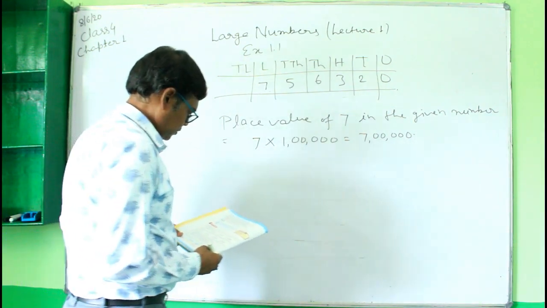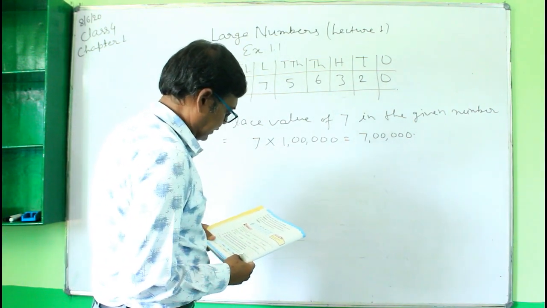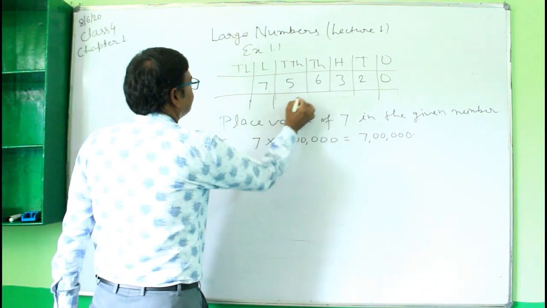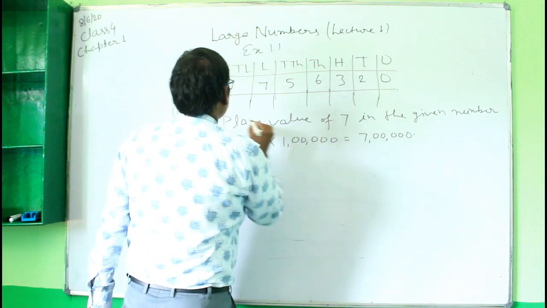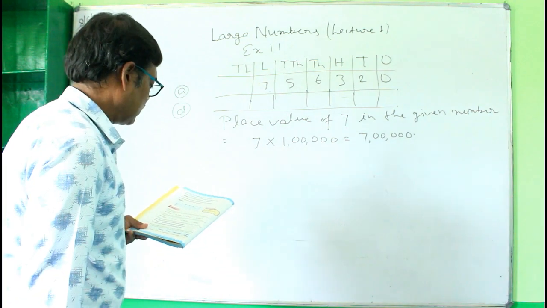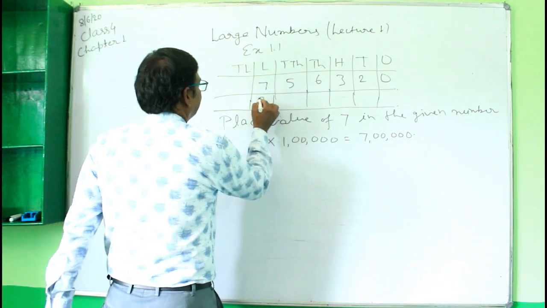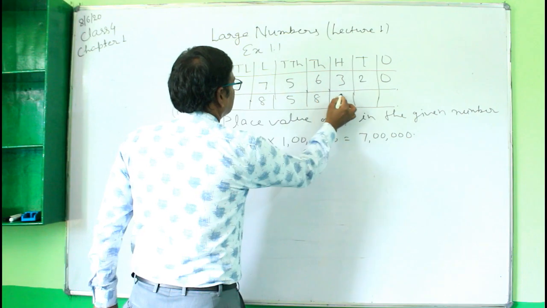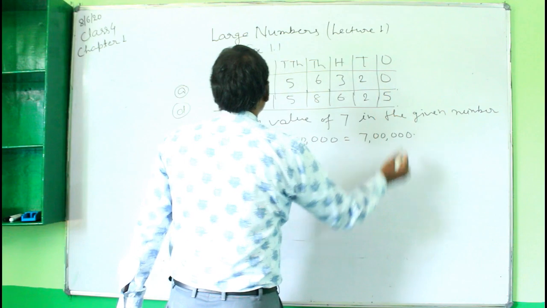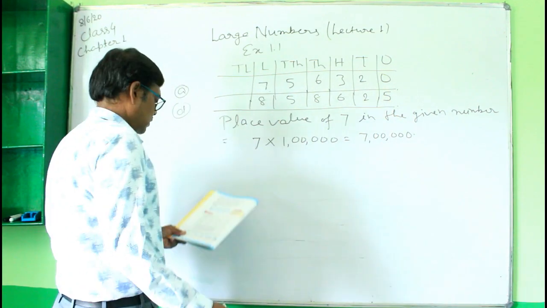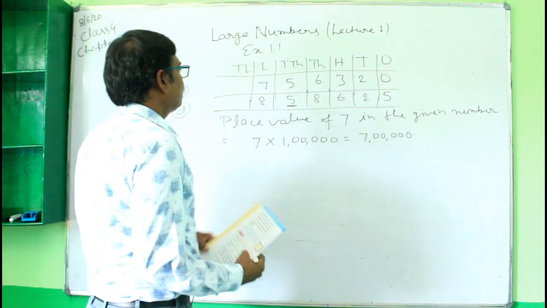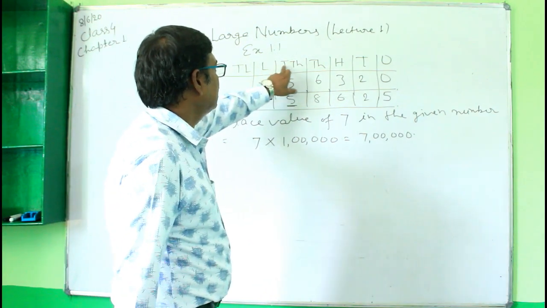Then suppose question number D. In this D you have the number 8,58,625. So this is the number D, and in this the colored digit is 5. So here see this 5, and now see the place value of 5. The place value of 5 is 10,000 here.